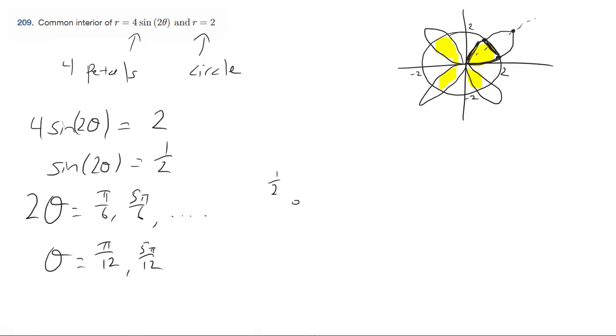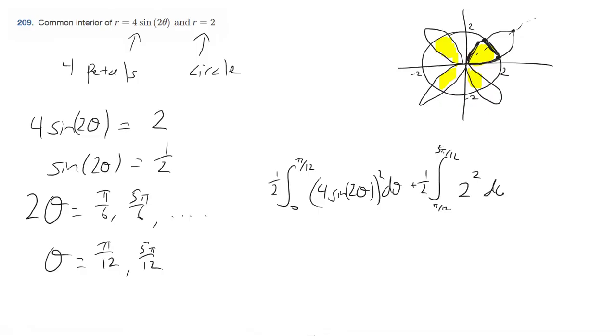Let me write that a little better. Of the rose petal, so (4 sine of 2 theta) squared d theta, plus half integral from pi over 12 to 5 pi over 12. It'll be the circle, so 2 squared d theta.